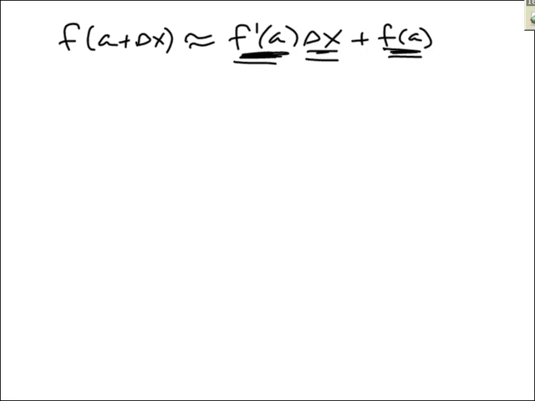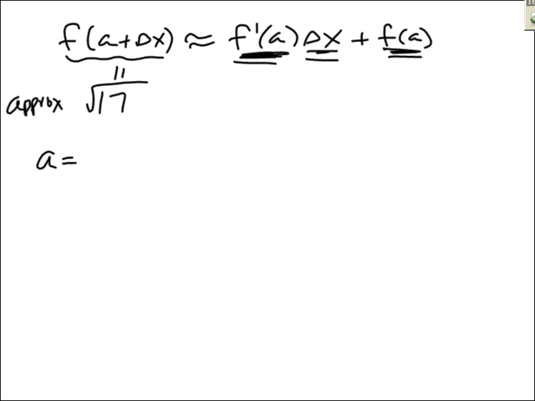Okay, so now, suppose I asked you to approximate the square root of 17. So f of a plus delta x is the square root of 17. Now, the question you ask yourself is, what is the closest number to 17 that you know the square root of? And that's what a is going to be.